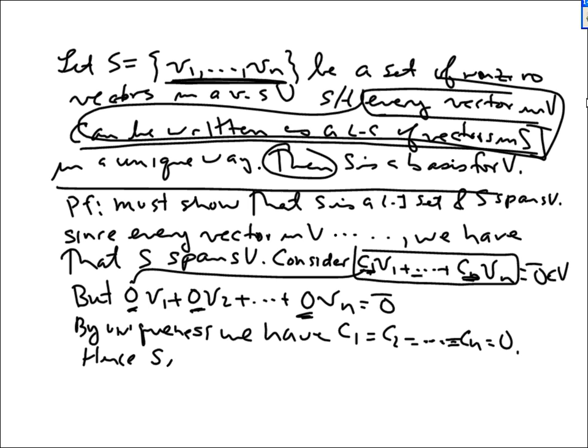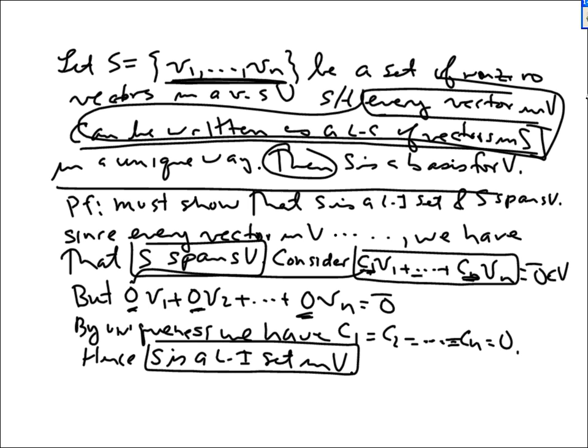Hence, S is a linearly independent set of vectors in V. Well, if S spans V, and if S is linearly independent in V, therefore, S is a basis for V. This completes the section entitled Basis and Dimensions.